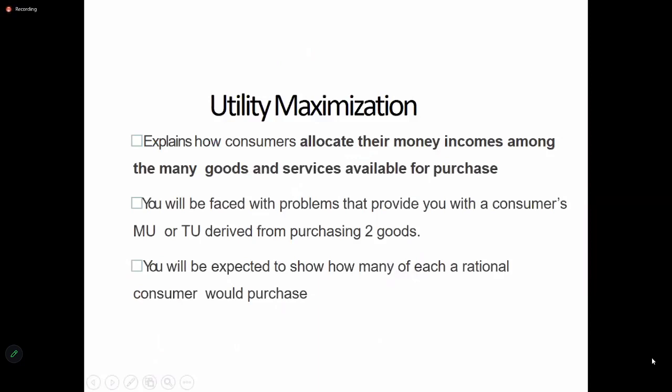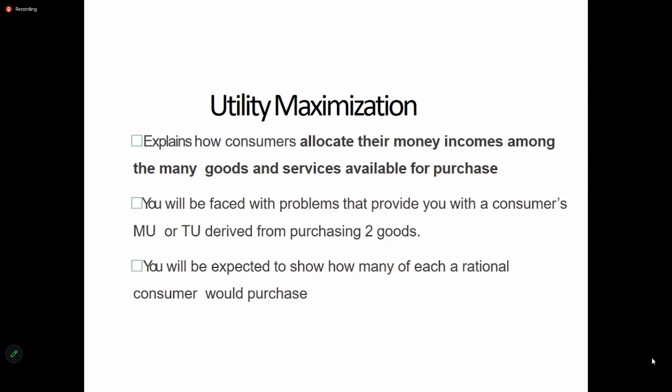So now an important point comes: utility maximization. It explains how consumers allocate their money incomes among the many goods and services available for purchase. Let's say you are facing a problem that provides you the consumer's marginal utility and total utility.